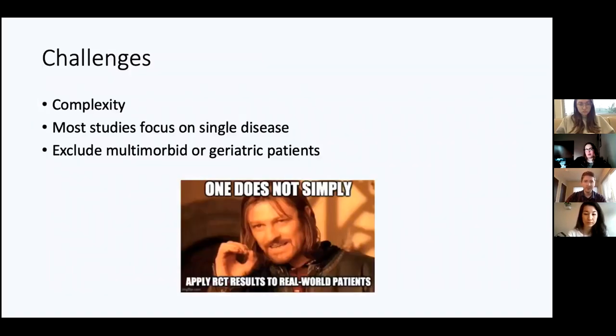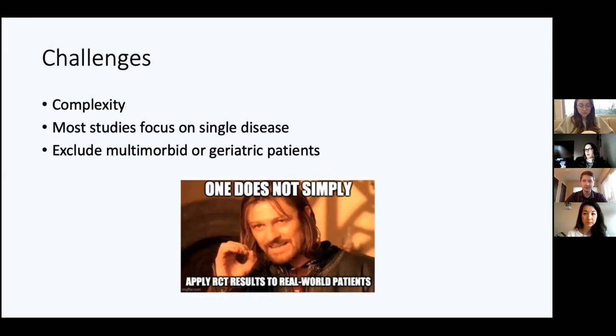One of the big challenges is that it's complex. As internists, we pride ourselves on working with complexity, but it makes our job very hard. Most randomized controlled trials and the evidence for disease-specific treatments usually only focus on a single endpoint or maybe a composite endpoint in the context of an individual disease with an individual treatment.